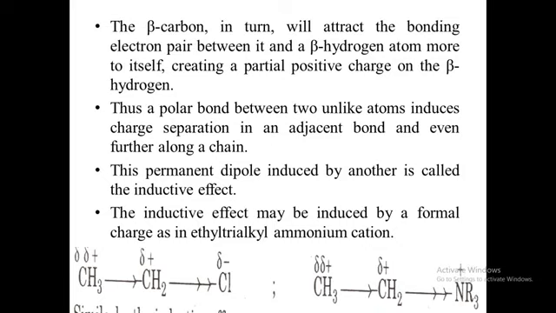So it's natural phenomenon. None of the species in the nature likes to carry a positive or negative charge. It tries to nullify the effect of charge. So what will this CH2 do? This CH2 will withdraw electrons from CH3.